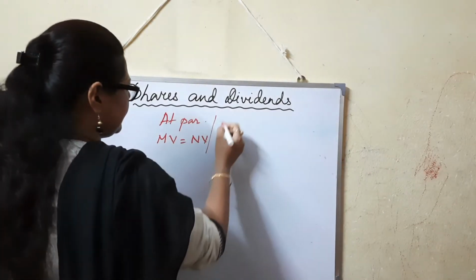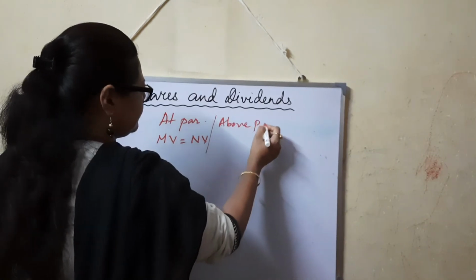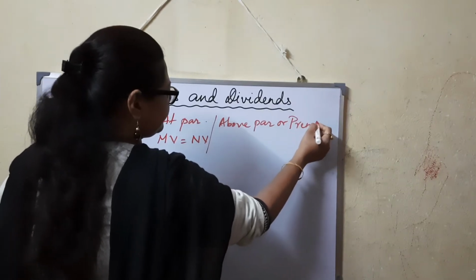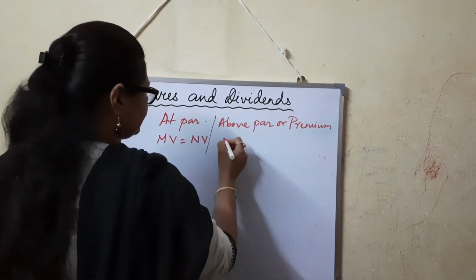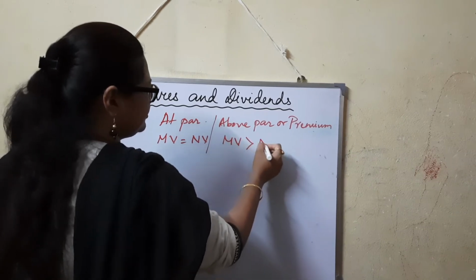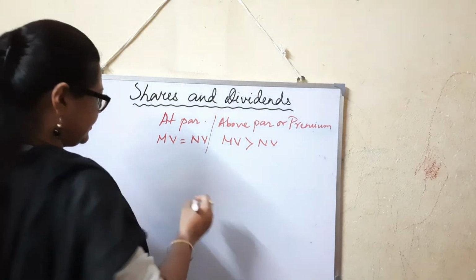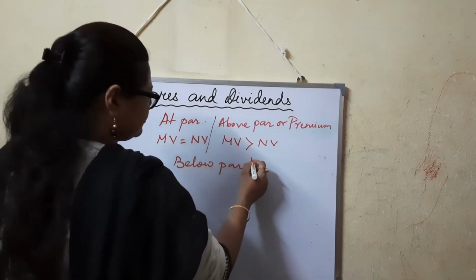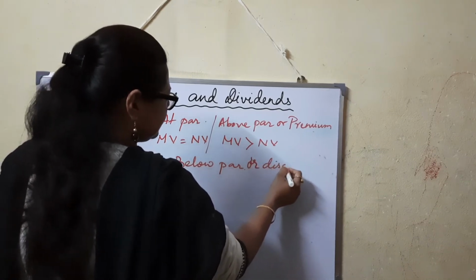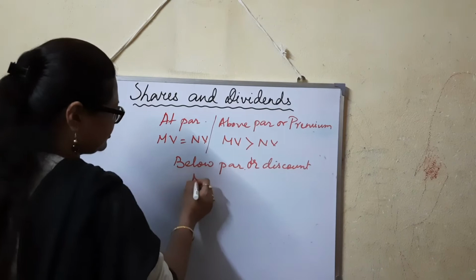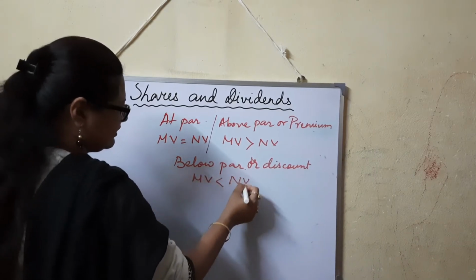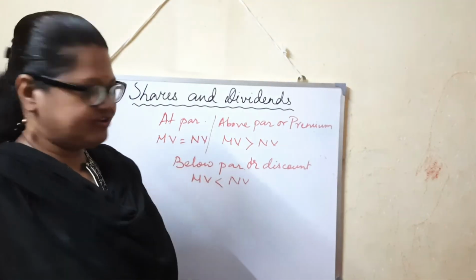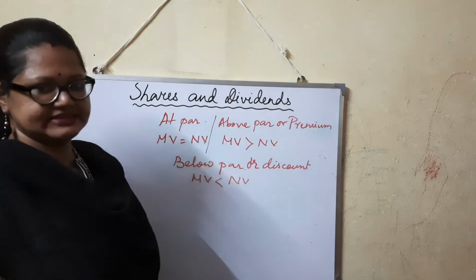Above par, which can also be stated as premium, means where market value is greater than the nominal value. And below par, which can also be considered as discount, means market value is less than the nominal value. Whenever it is at par, MV equals NV. Above means MV is greater than NV, and below means MV is less than NV.